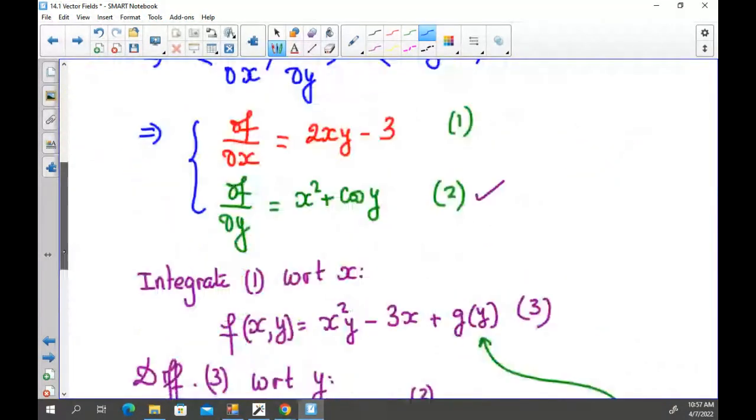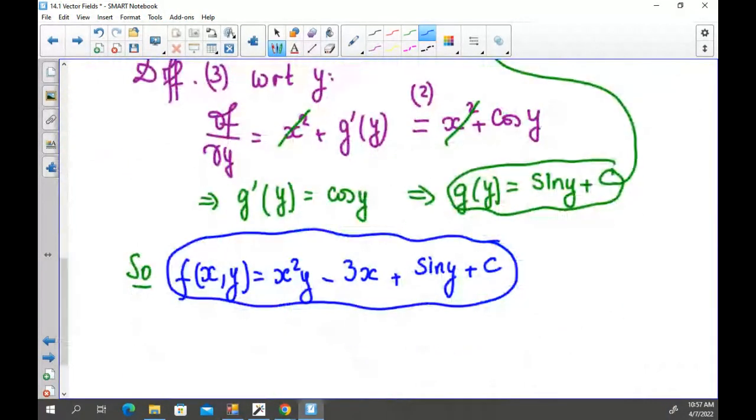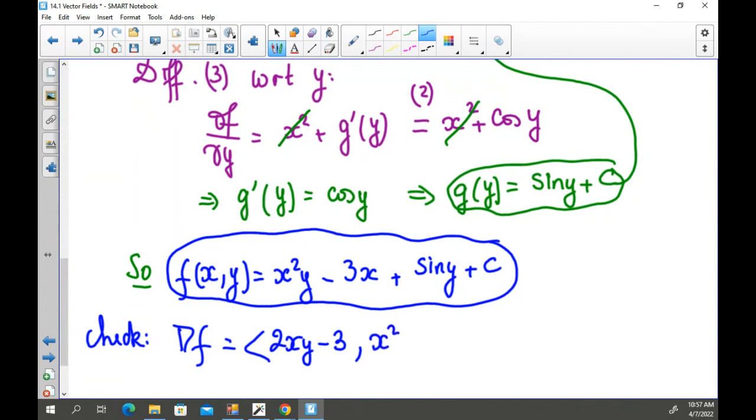So if you take the gradient of this function, just as a check, the derivative with respect to x will be 2xy minus 3, and the derivative with respect to y is x squared plus cosine y.